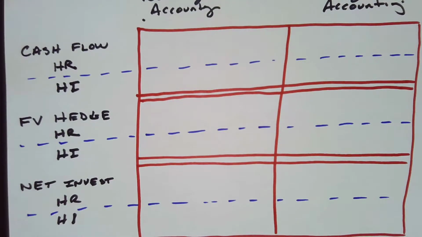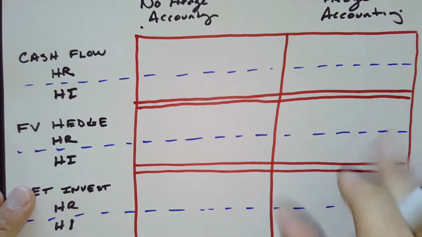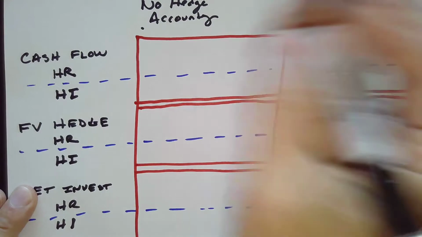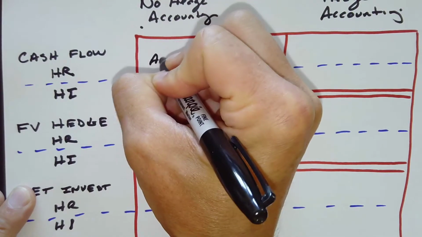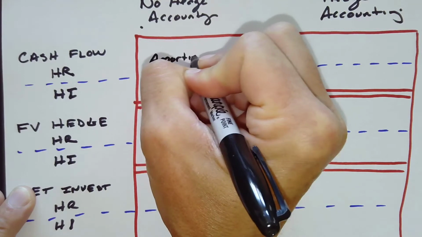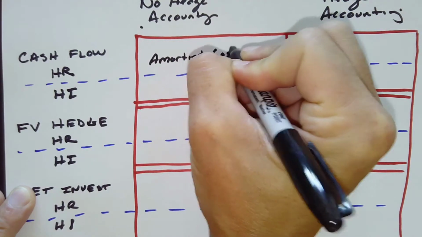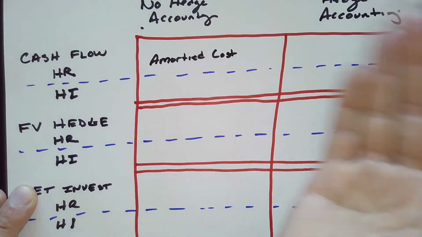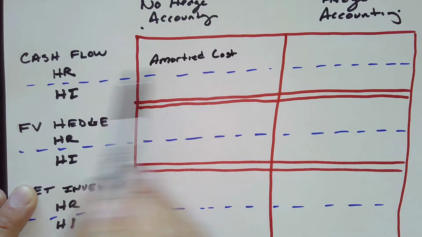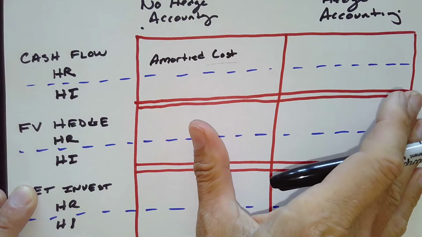So, before hedge accounting, put this in black, the hedge risk for any of these things is going to be amortized cost or net realizable value, whatever the normal accounting is that you already learned about a particular transaction set.